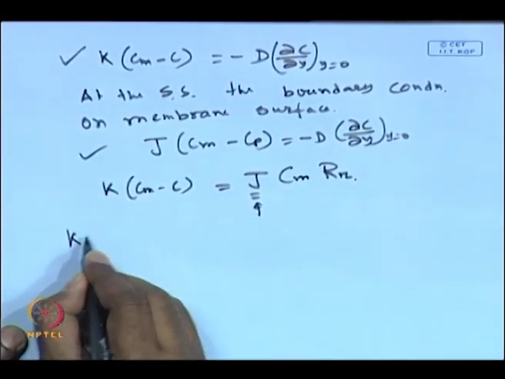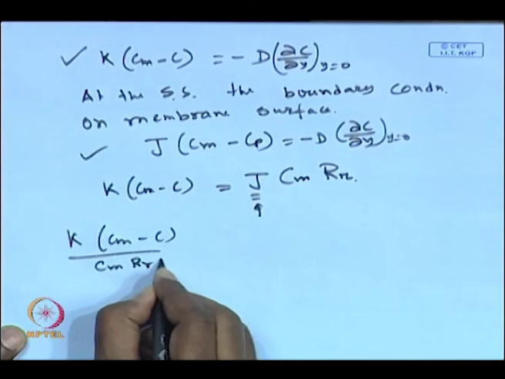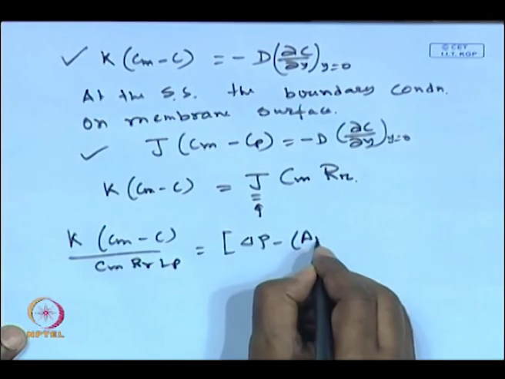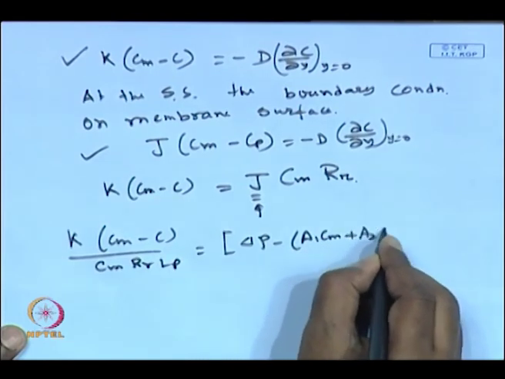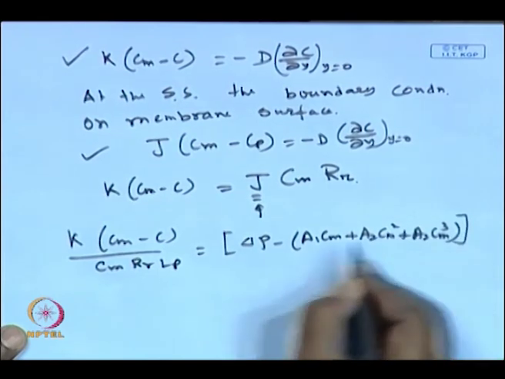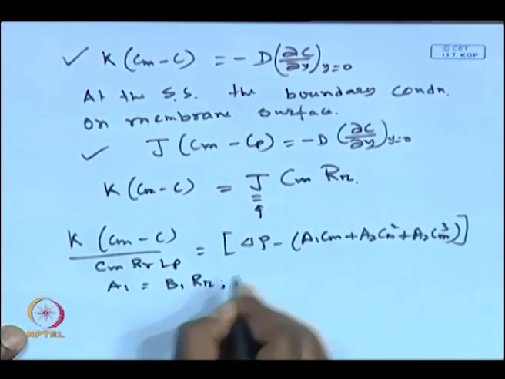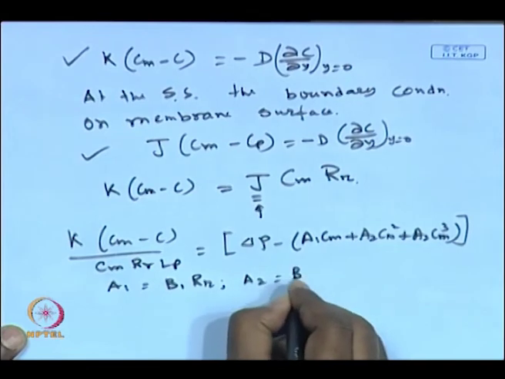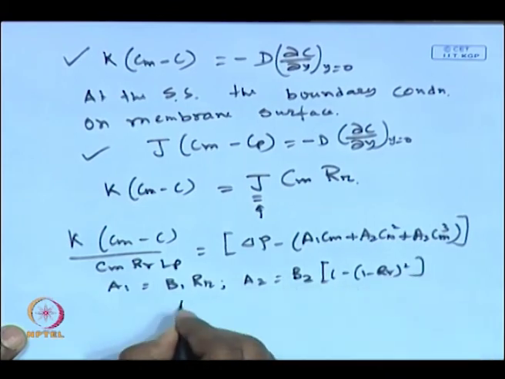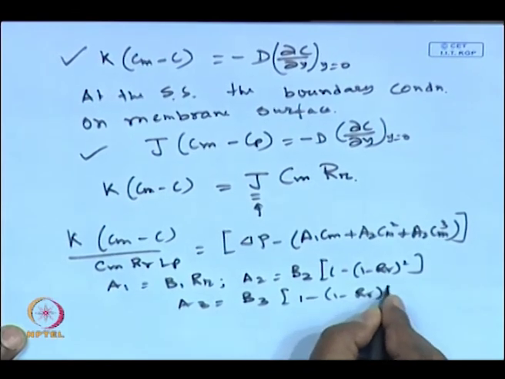You will be getting k times (Cm minus C) divided by (Cm RR LP) equals delta P minus (A1 Cm plus A2 Cm square plus A3 Cm cube), where A1 is B1 RR, A2 is B2 (1 minus RR) square, and A3 is B3 (1 minus RR) whole cube.